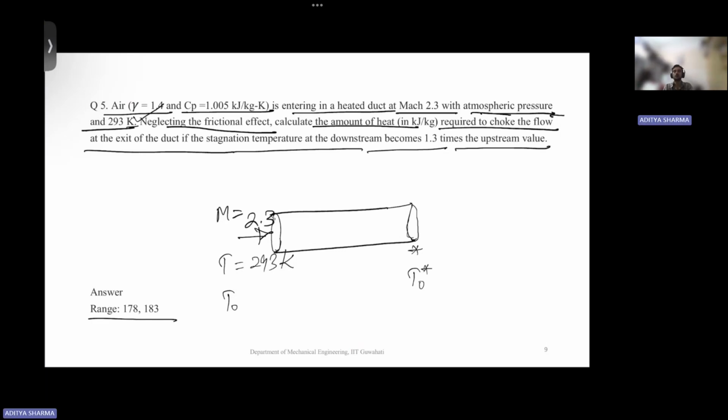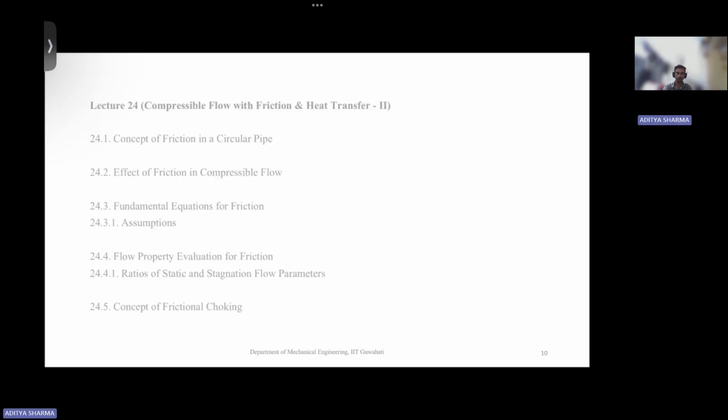Within the range. Question number 5 this was. Then we will move on to next lecture.